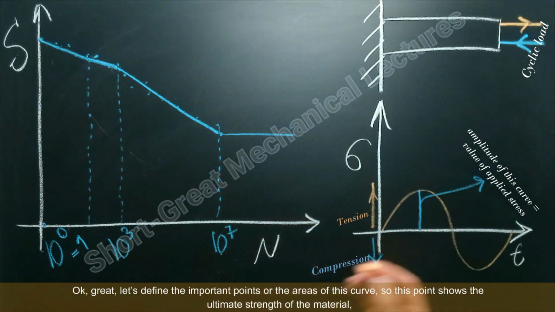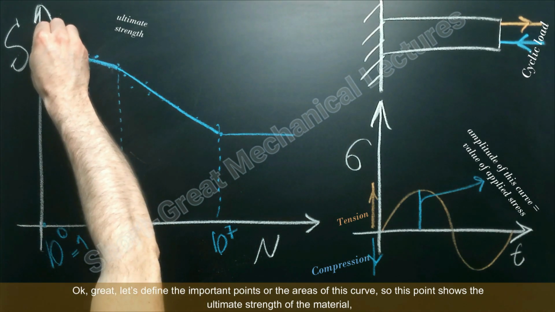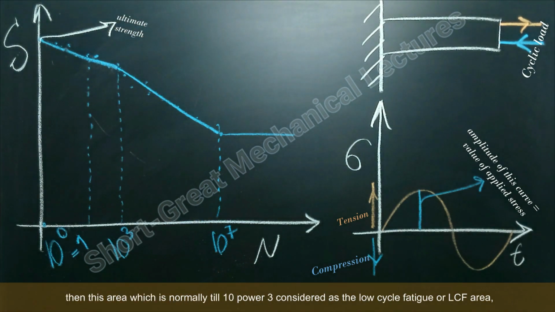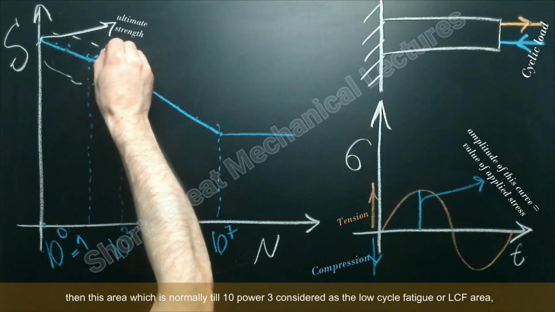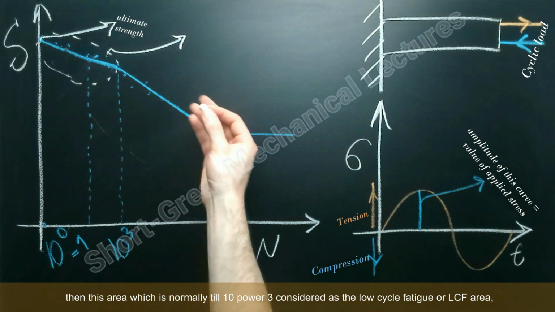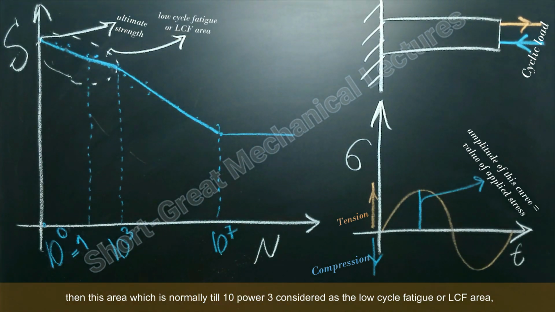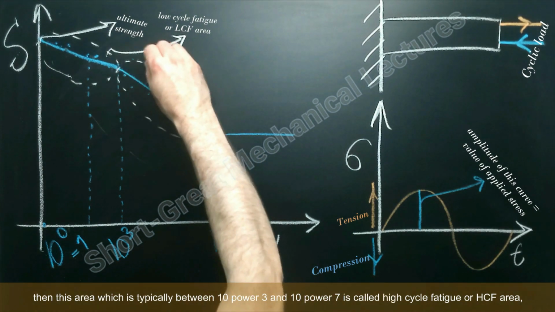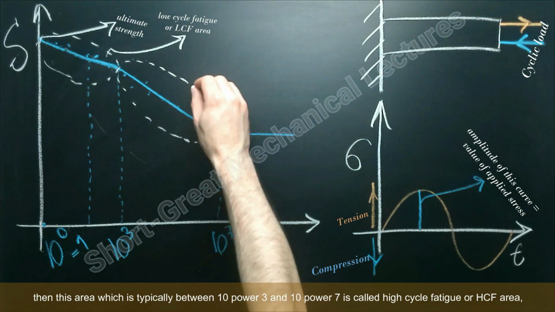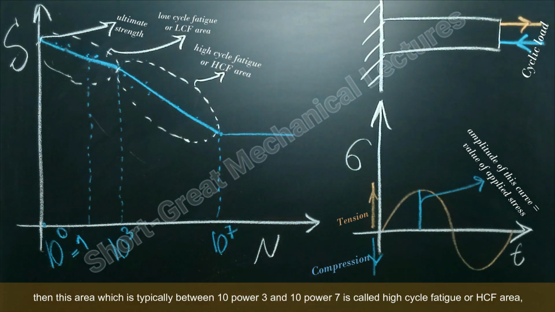So, okay, great. Let's define the important points or the areas of this curve. This point shows the ultimate strength of the material. Then this area, which is normally up to 10 to the power 3, is considered the low cycle fatigue or LCF area. Then this area, which is typically between 10 to the power 3 and 10 to the power 7, is called the high cycle fatigue or HCF area.